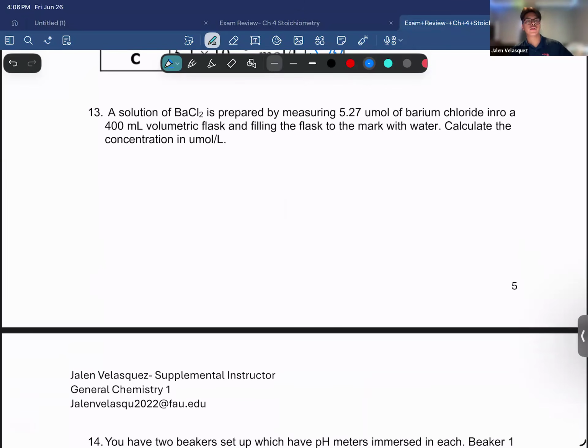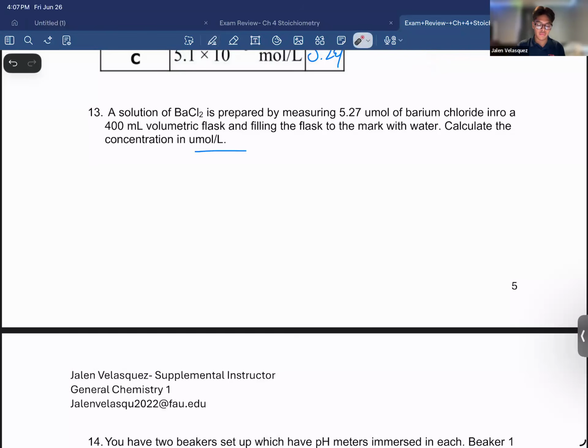13 says a solution of barium chloride is produced by measuring 5.27 micromoles of barium chloride into a 400 milliliter volumetric flask and filling the flask to the mark with water. Calculate the concentration in micromoles per liter. Okay, so I want micromole per liter.